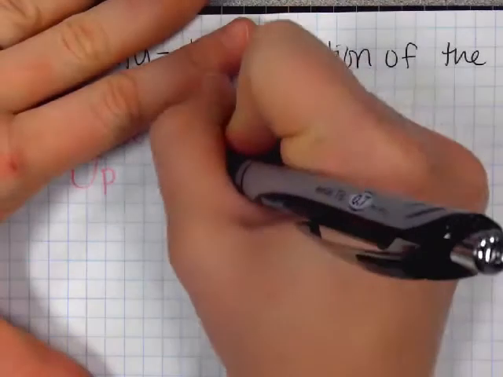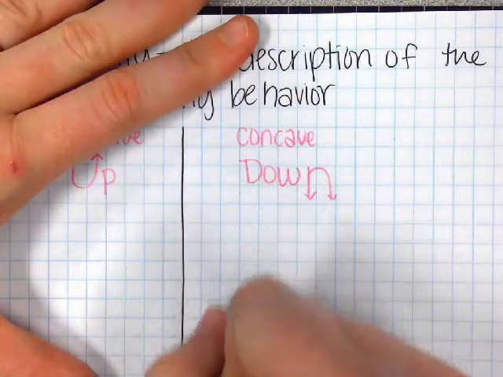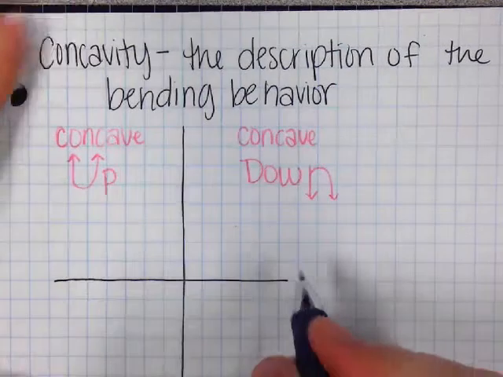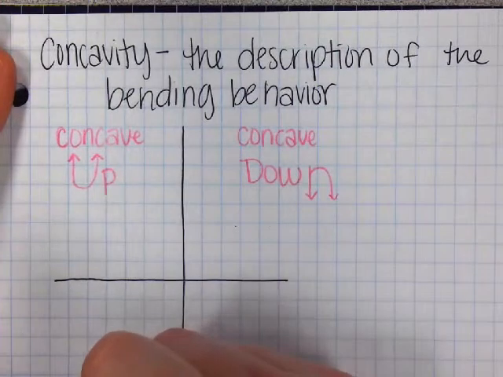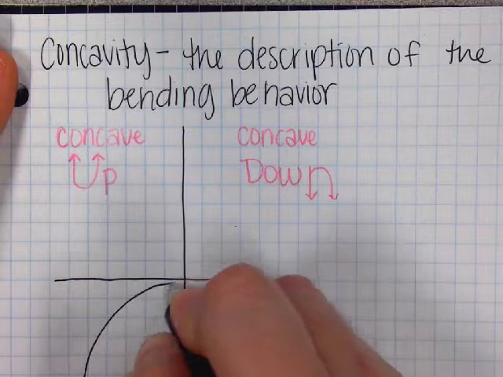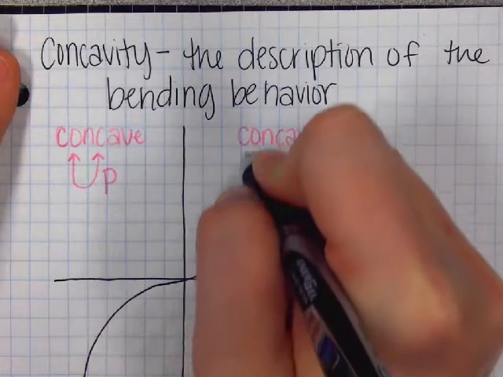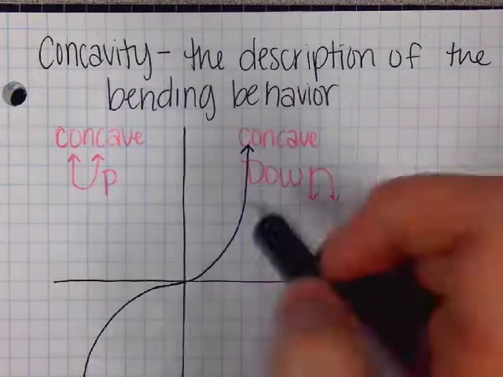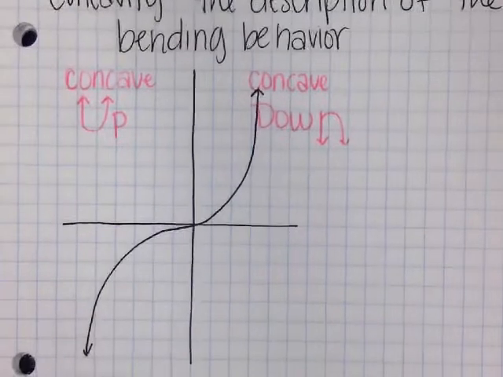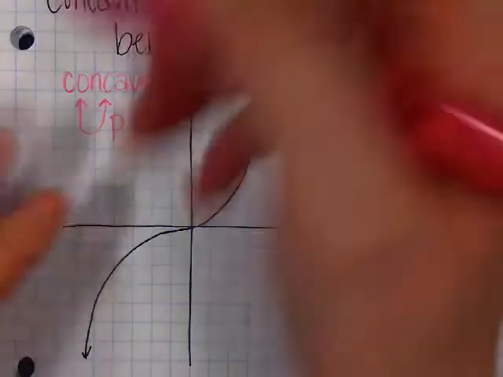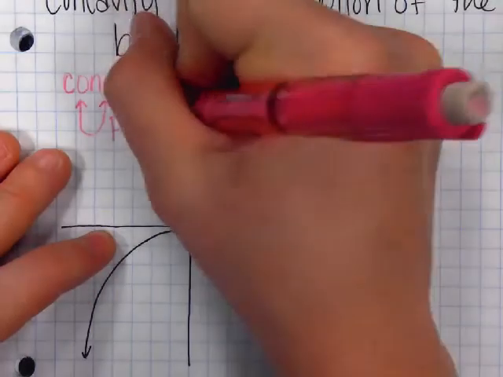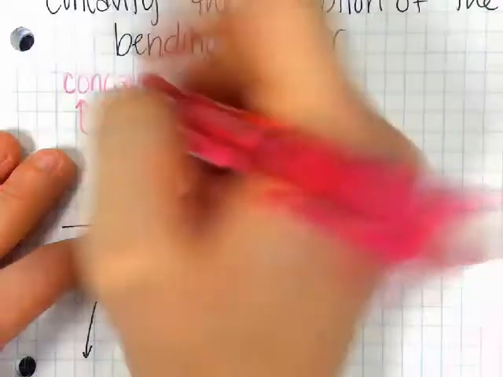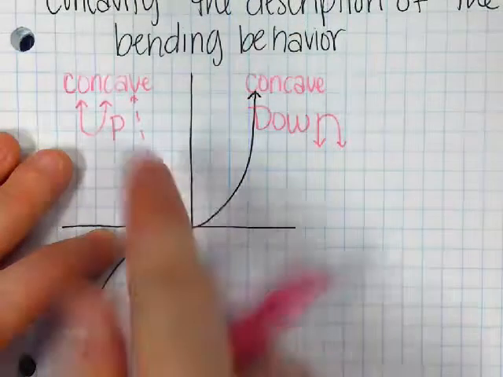Okay, so I'm going to draw an example of... okay, now this one actually has both. That's why I picked this one. So if you look, this part right here is concave up.